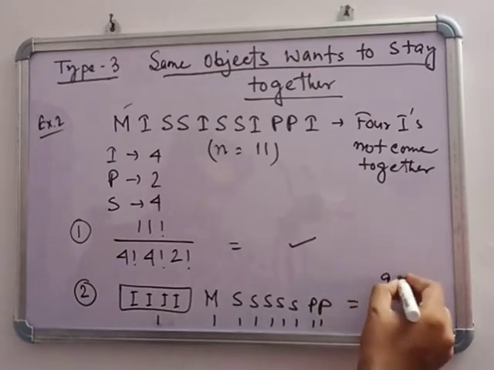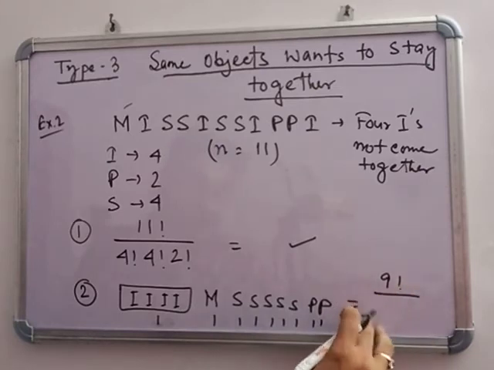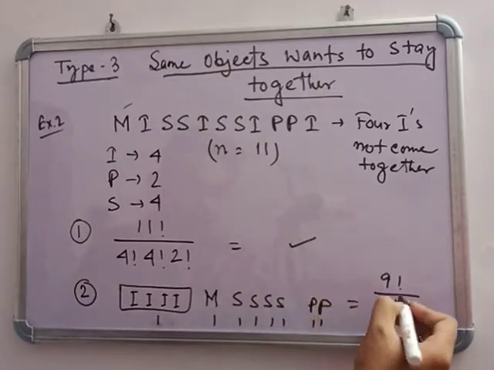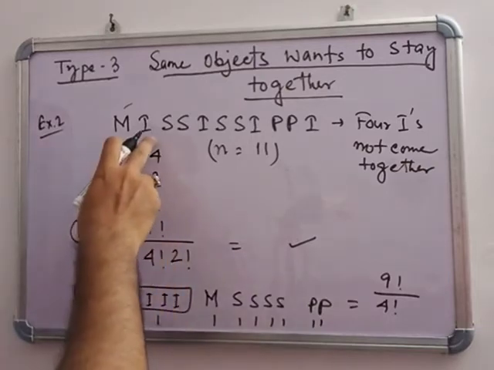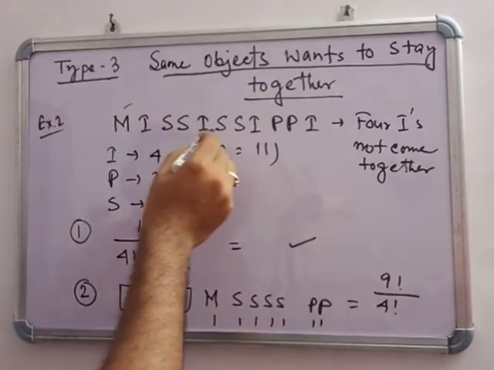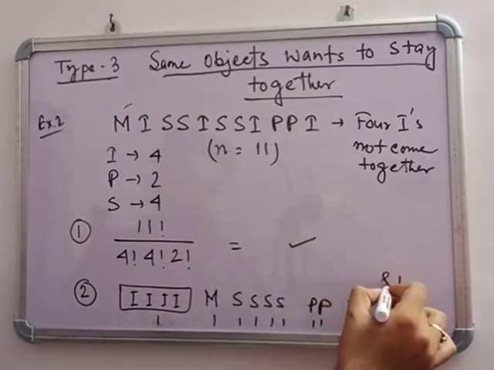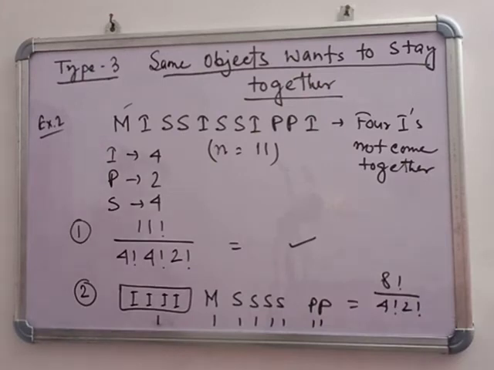So it is 8 factorial divided by 4 factorial for S into 2 factorial for P. This is the count when the I's are together.